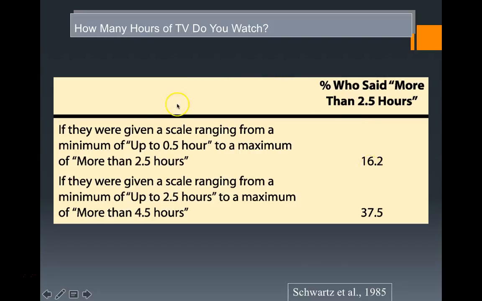Now we ask the same question here, and the scale goes from a minimum of up to 2.5 hours to a maximum of more than 4.5 hours. In this case, 37.5%, 3 out of every 8 people, said more than 2.5 hours.